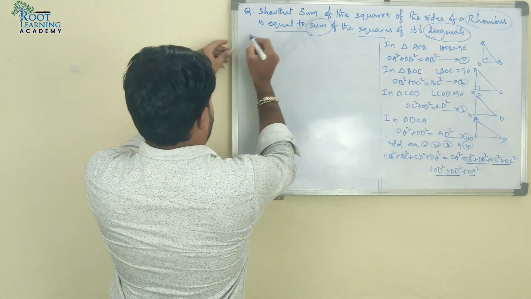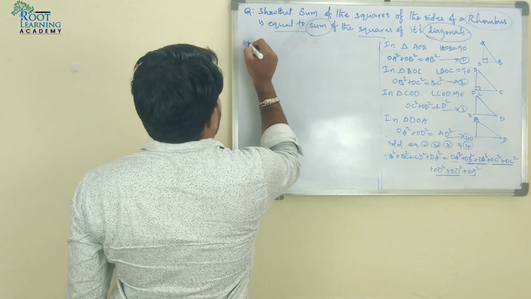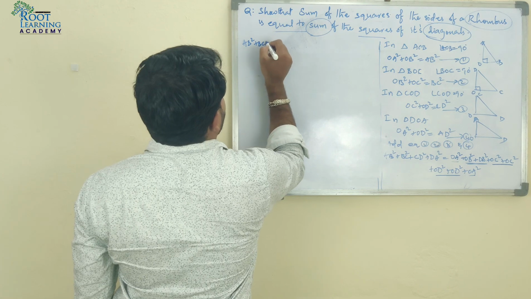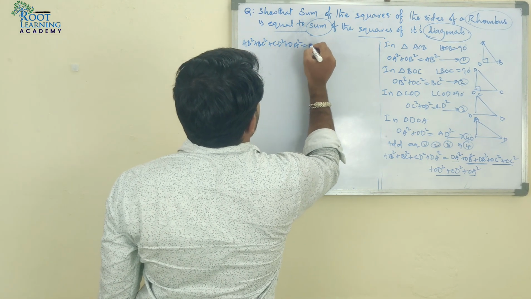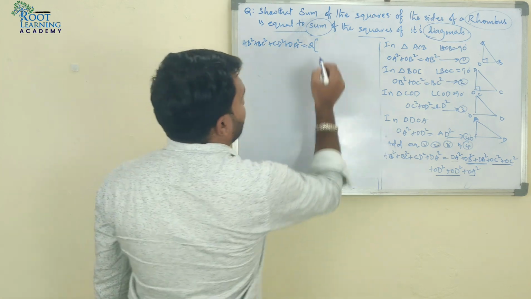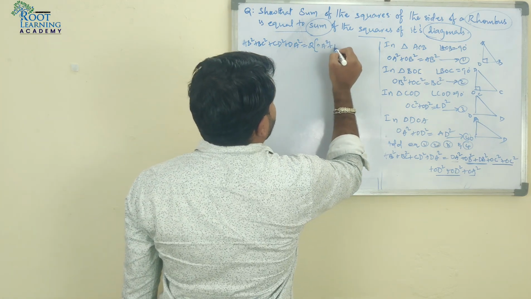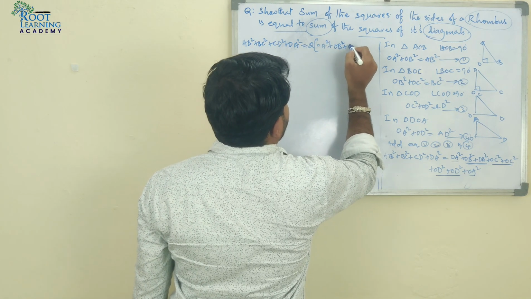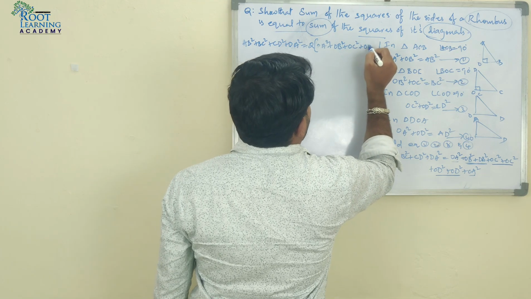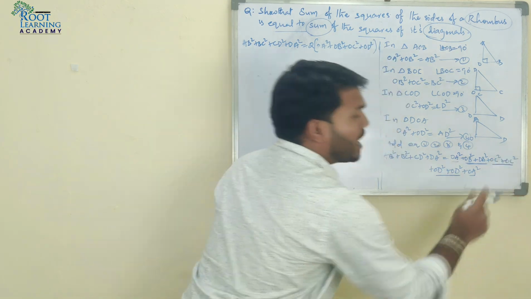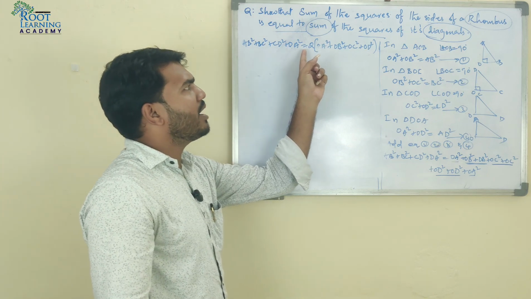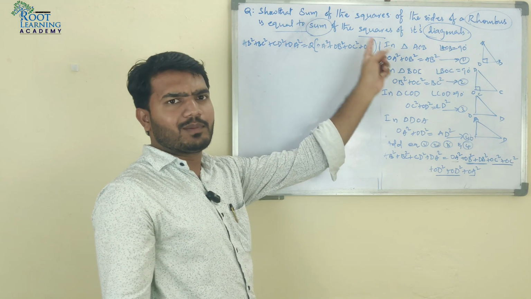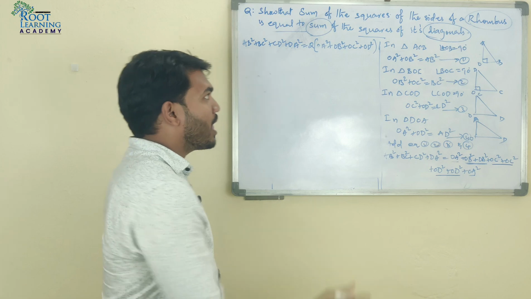Before that, I am writing AB square plus BC square plus CD square plus DA square is equal to 2 of OA square plus OB square plus OC square plus OD square.